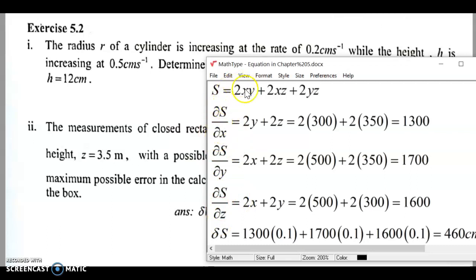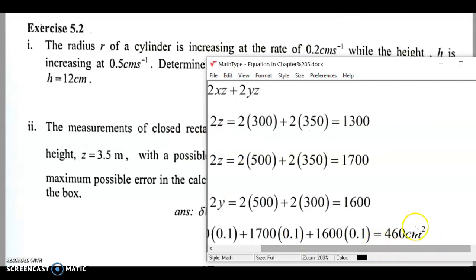So the partial derivative of x is this. Substitute the information of x and y and z here to get this answer, and the same goes for the other two. I'll get this, substitute it in the formula of small increment, and multiply each of them with their own increment to get this.